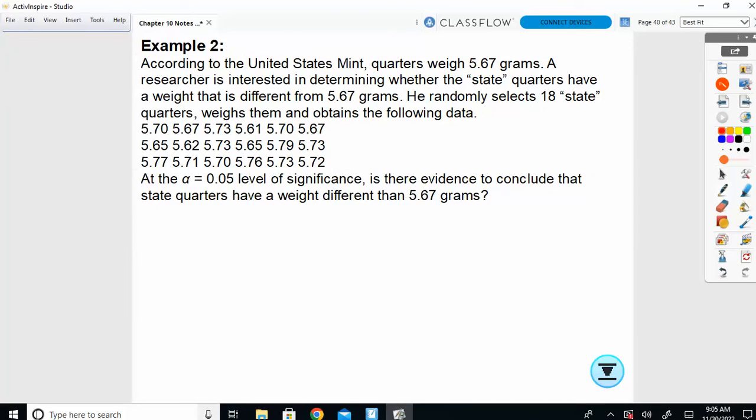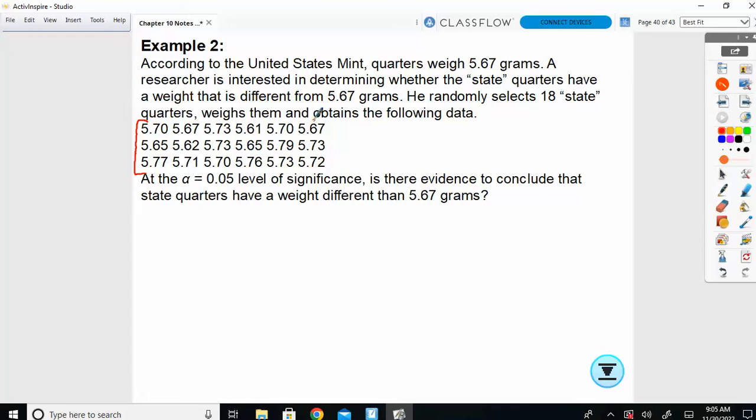According to the United States Mint, quarters weigh 5.67 grams. A researcher is interested in determining whether state quarters have a weight that is different. He randomly selects 18 state quarters, weighs them, and gets the following data.